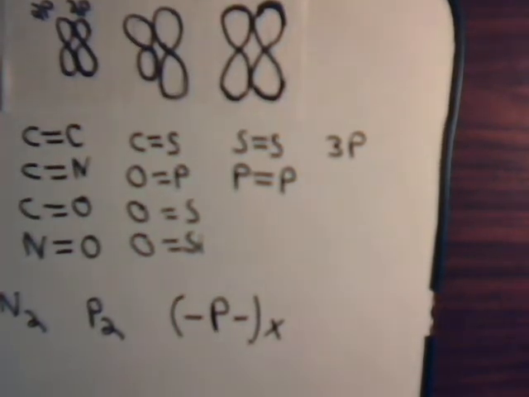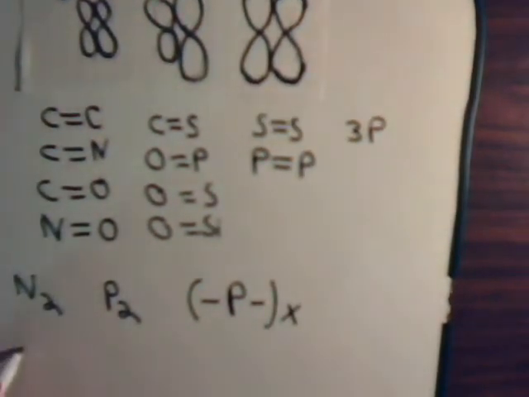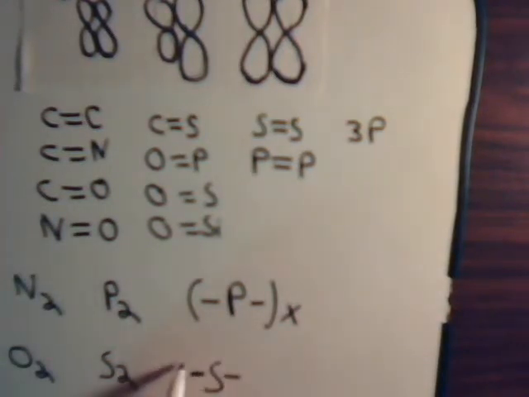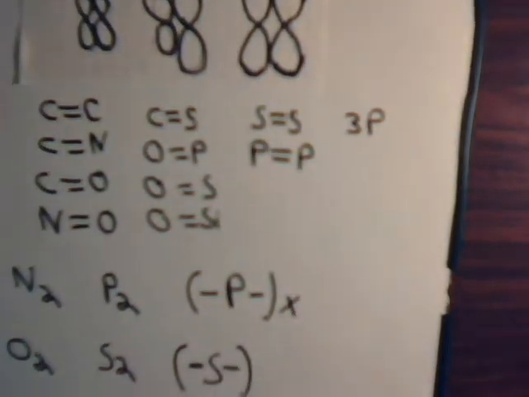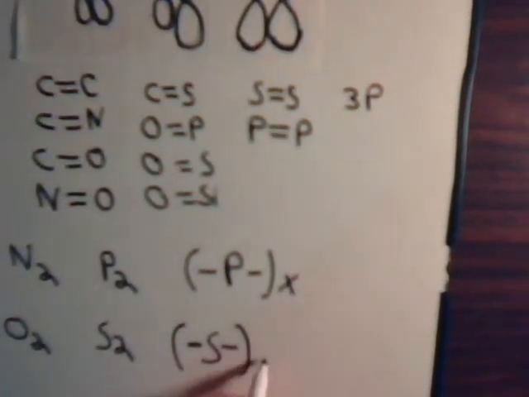Or we have oxygen molecules, but not typically sulfur molecules. Again, it's more likely to have a single bond on each side, and again, you can have a whole string of these.